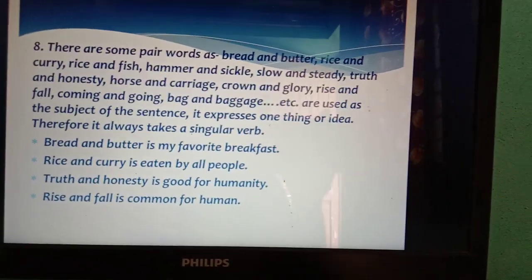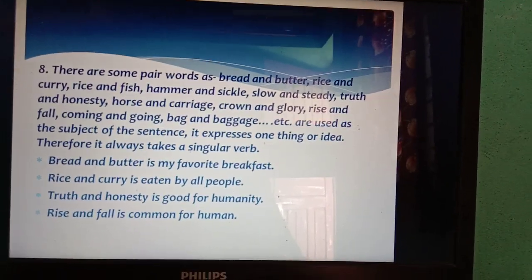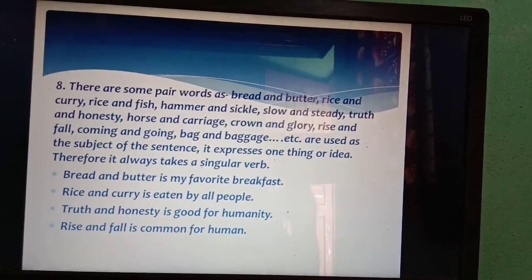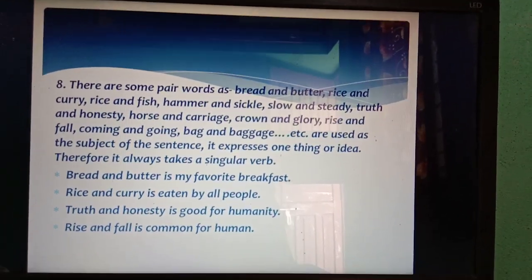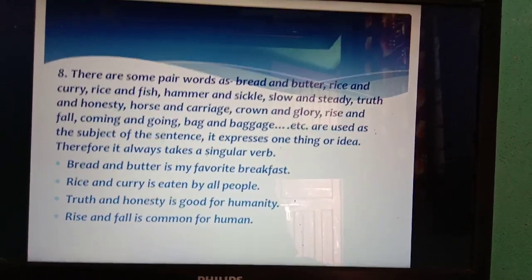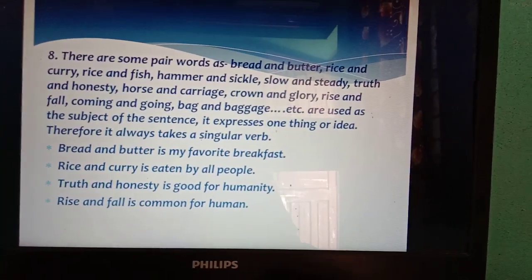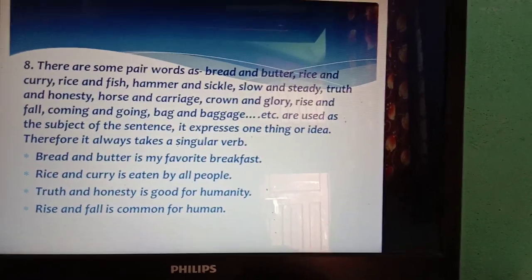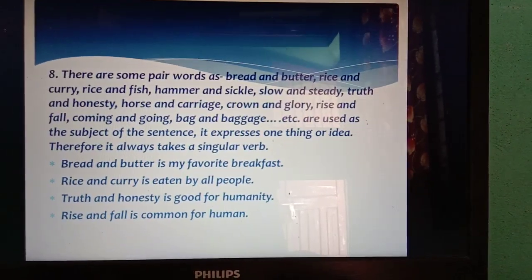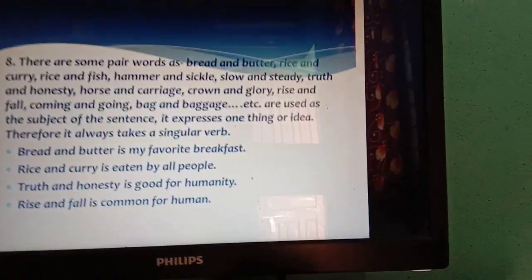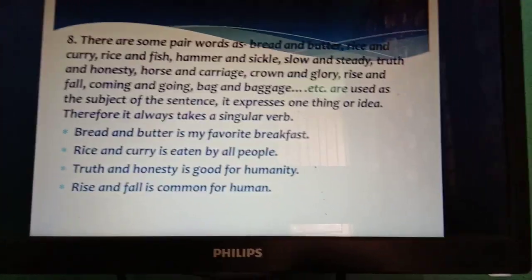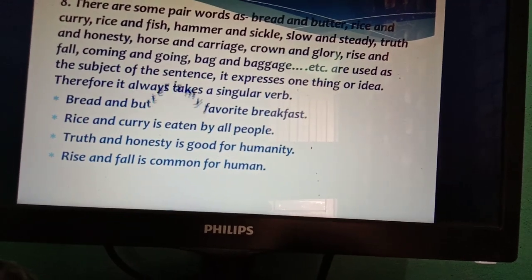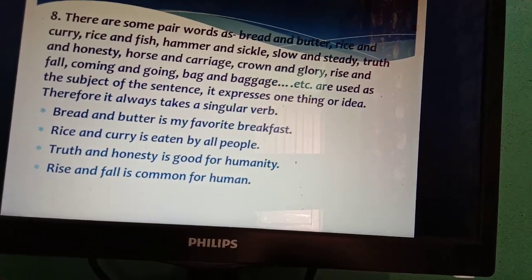It expresses one thing or idea. So these pair words express one thing or idea as the subject of the sentence, and therefore it always takes a singular verb. For example, the bread and butter is my favorite food.